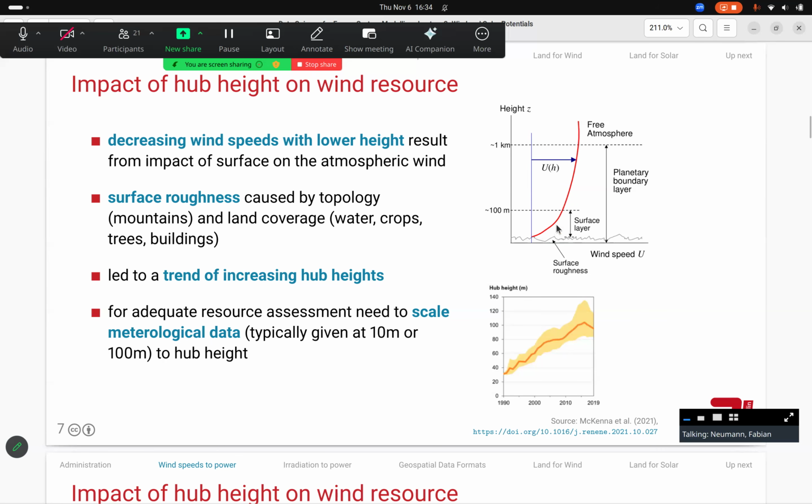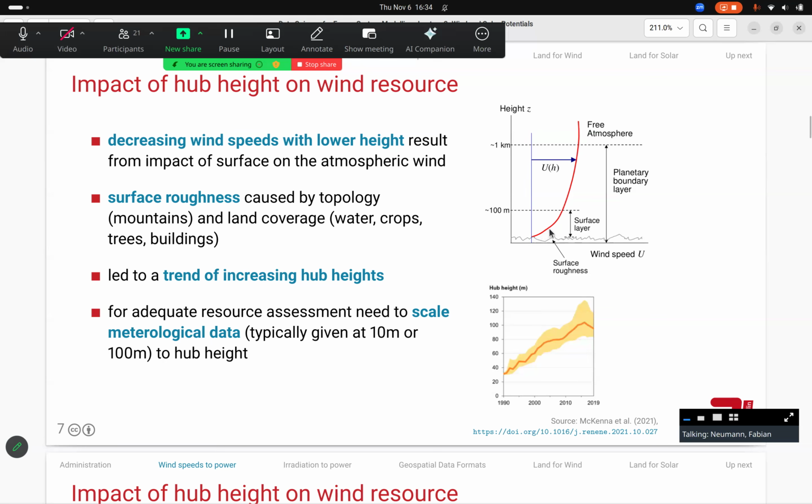And then this red line here, the values for that are on the x-axis. So the higher you go, the bigger the wind speeds are. And then at some point, with increasing height, the wind speeds don't rise anymore. So you have some nonlinearity where close to the ground, you have relatively high braking effects. So that's this segment here.